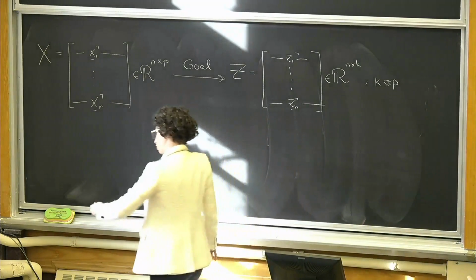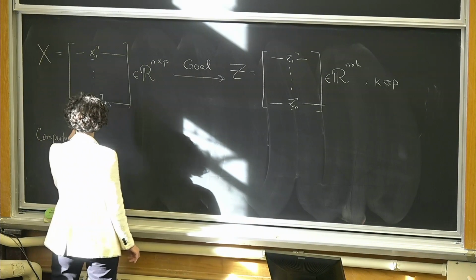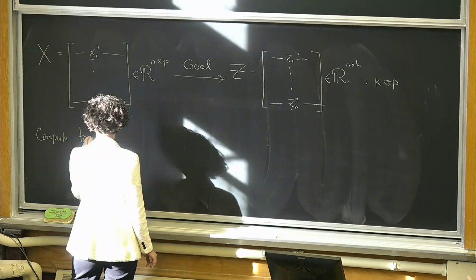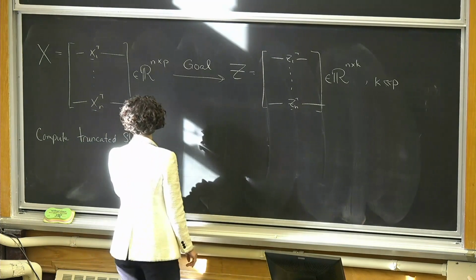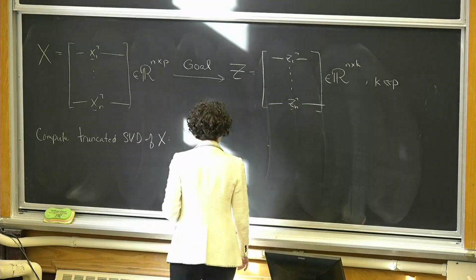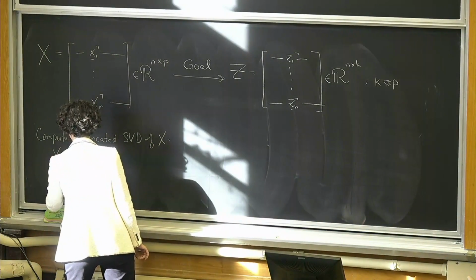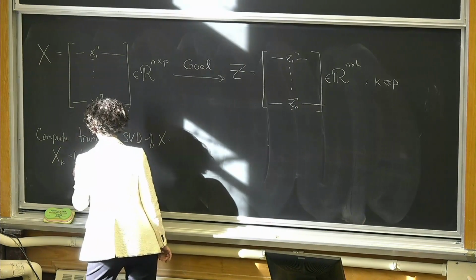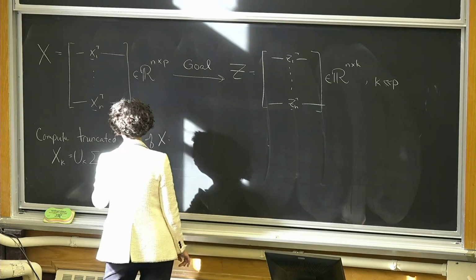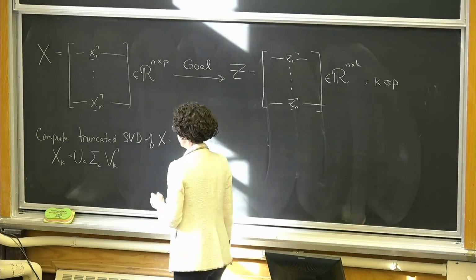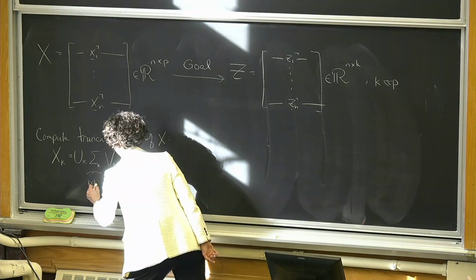And so what we are going to do is compute the truncated SVD of X. So if you recall from last time, we wrote this as XK, which was the product UK sigma K VK transpose. And in this, sigma K was a K by K diagonal matrix.